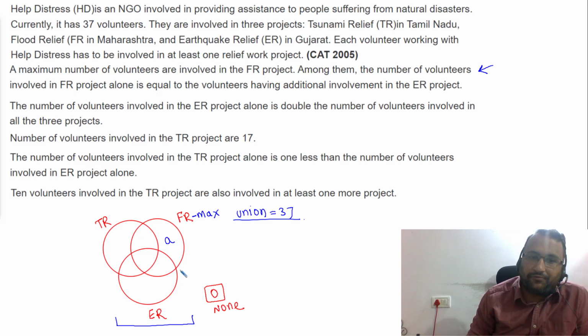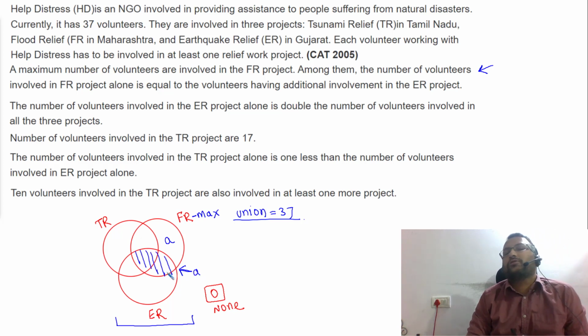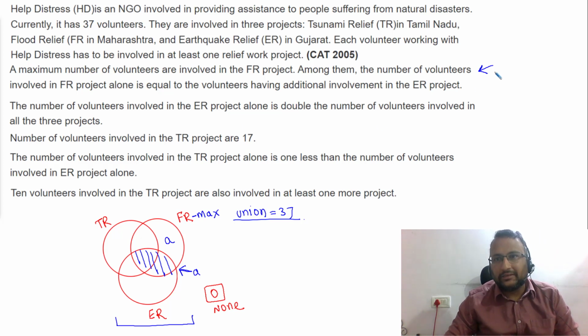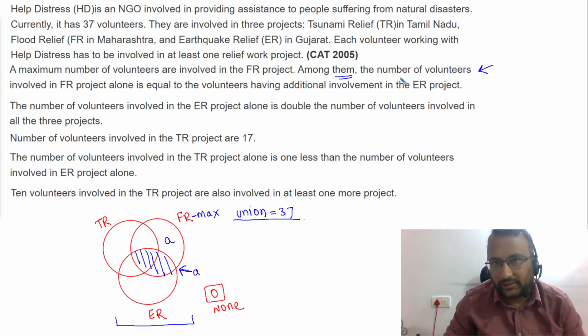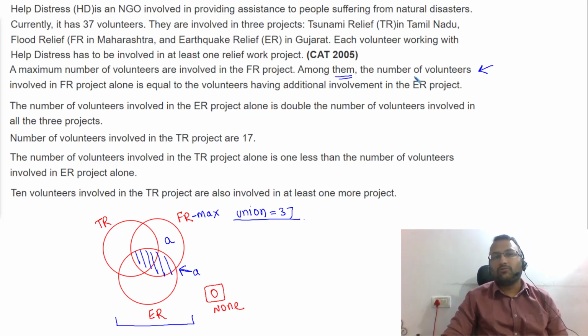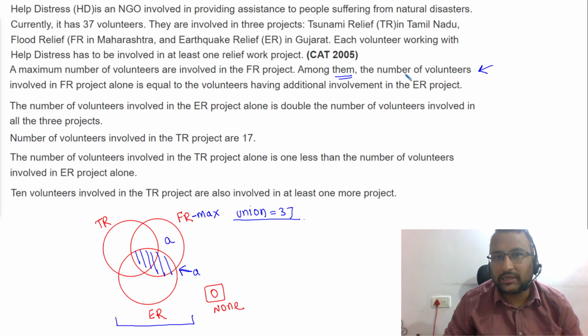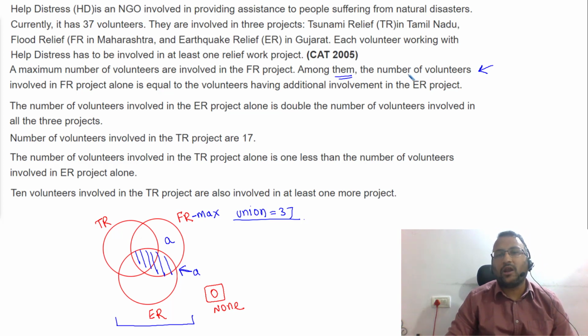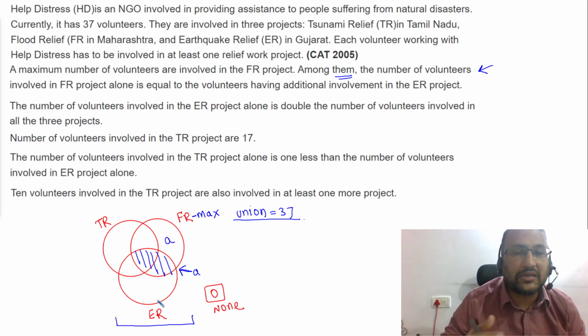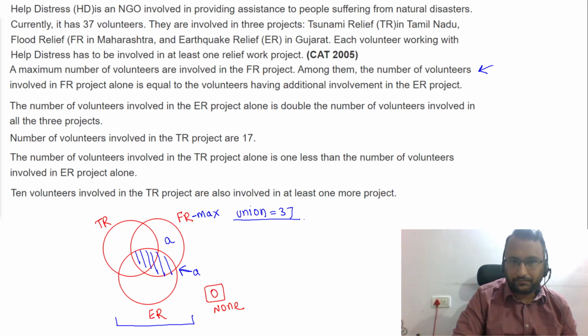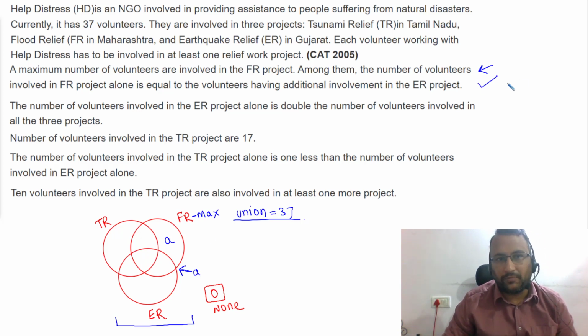So the value of this FR and ER is also A. This common portion is also equal to A. Let's read this statement again. Among FR, the number of volunteers involved in FR project alone is equal to the volunteers having additional involvement in ER project. So if FR alone is A, then FR and ER is also equal to A. So the value of this common portion is A. So we're done with this statement.